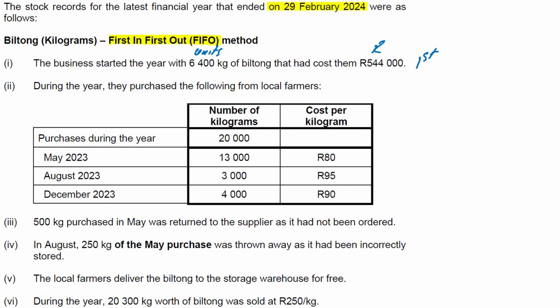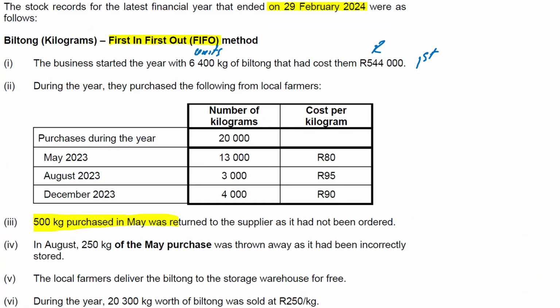In December, they purchased 4,000 at 90 rand per kilo. Now they say here 500 kg purchased in May was returned to the supplier as it had not been ordered. So this was from the May purchase.